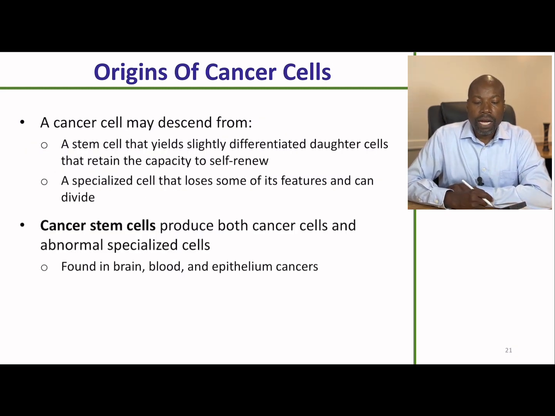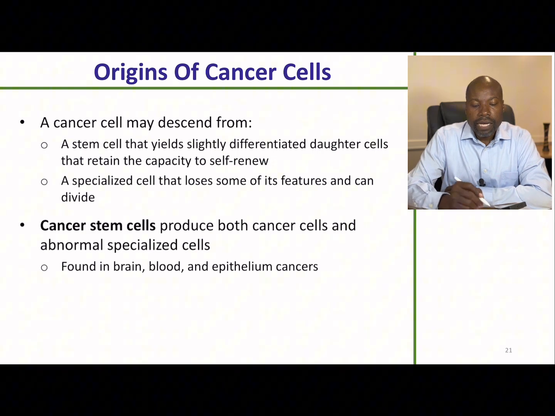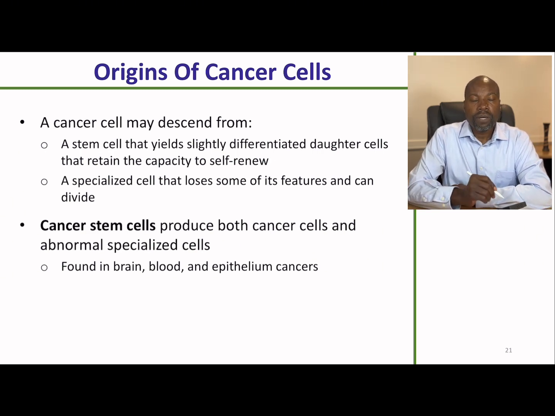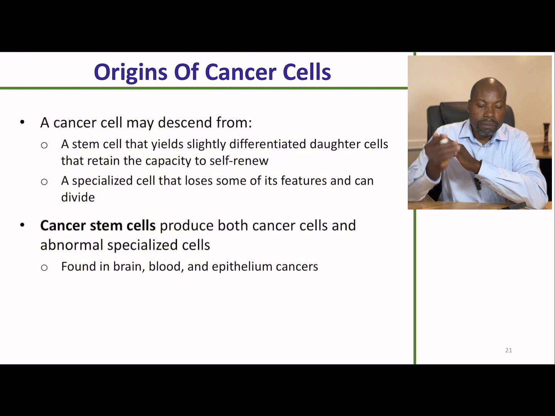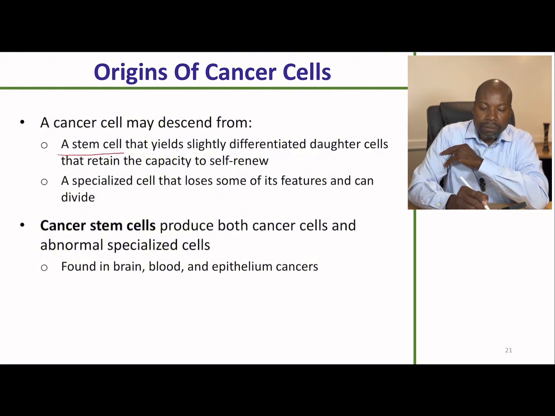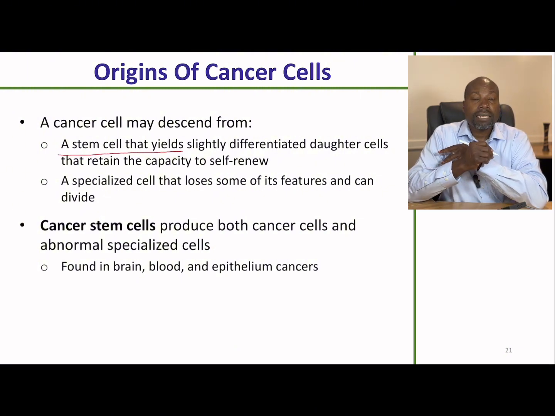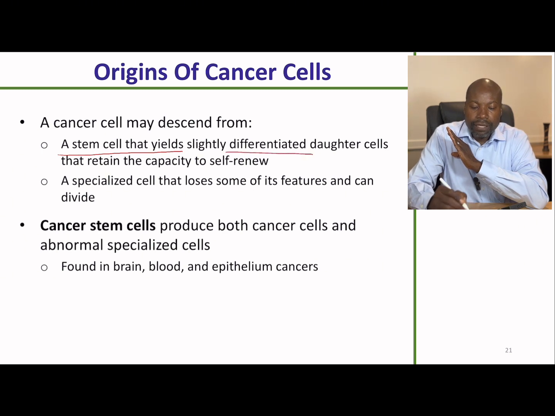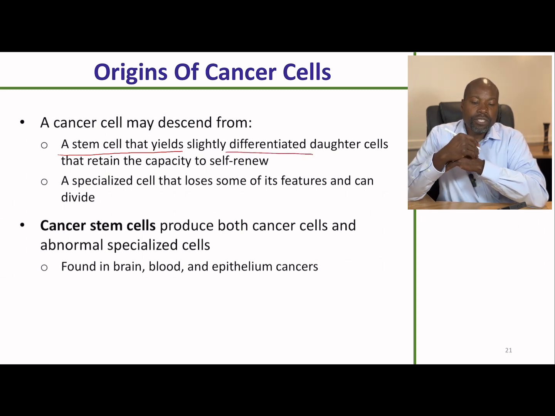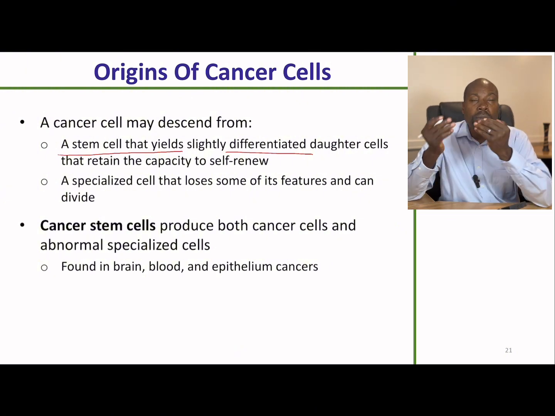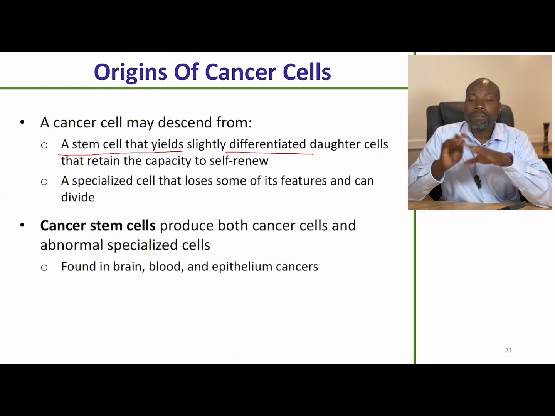So, in this, we have that a cancer can come from a stem cell, right, that is going to multiply and slightly differentiate. They slightly differentiate, but keep the ability to multiply without control, right?